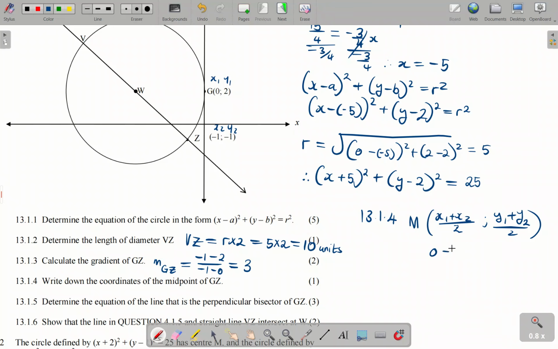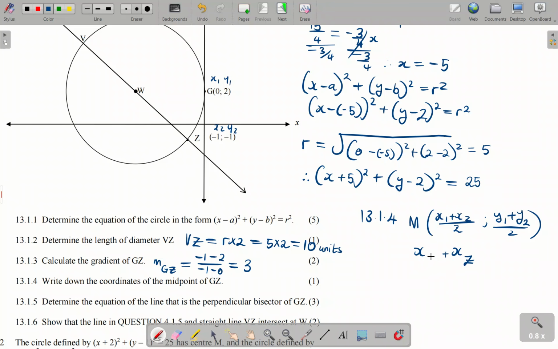Let me first show you how it works. This is xz, plus xg, guys.